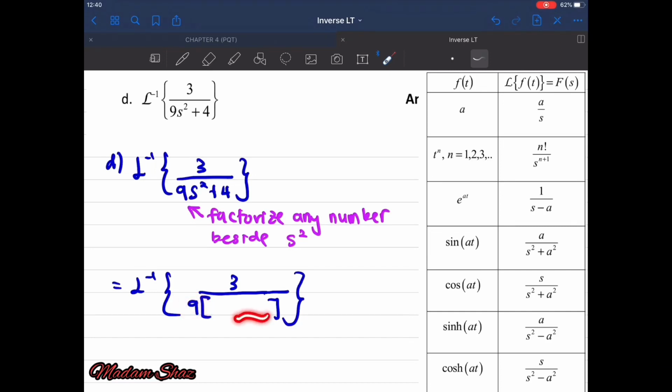What should be in this bracket so that it becomes 9s squared plus 4? We have 9 at the front. So 9 multiplied with what so that it becomes 9s squared?